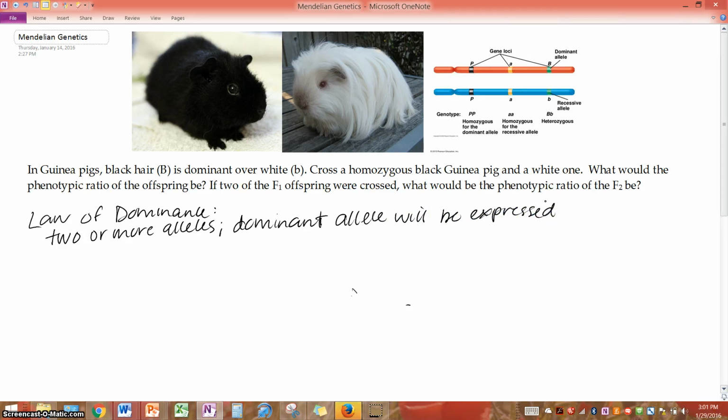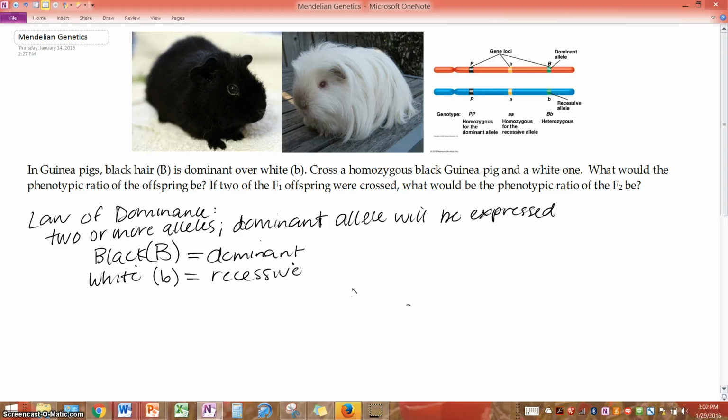In this question, I have black hair and white hair, and black hair is going to be dominant over white. We represent dominant alleles with capital letters. A recessive allele is represented with a lowercase letter. So for this example, black is dominant, white is recessive.